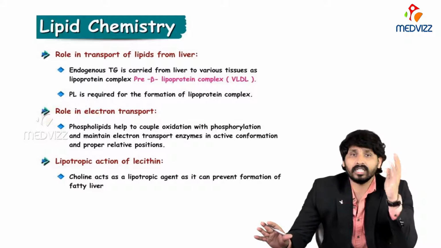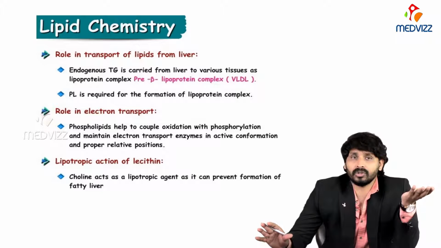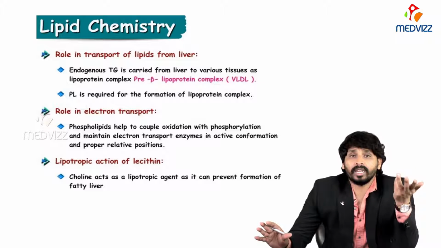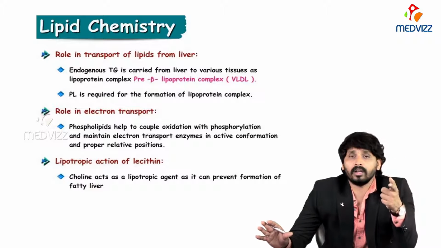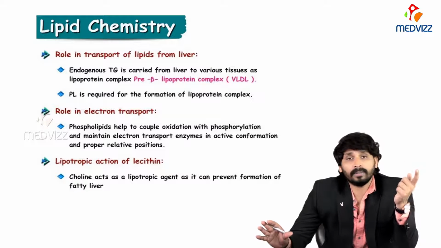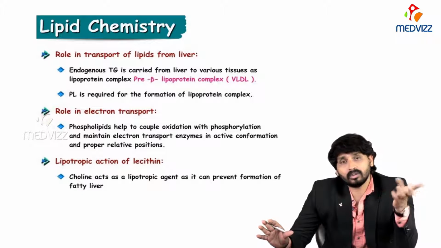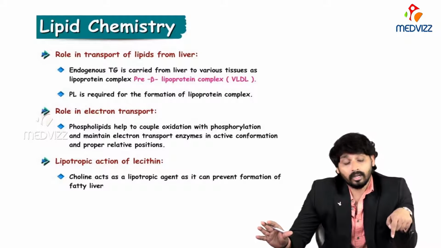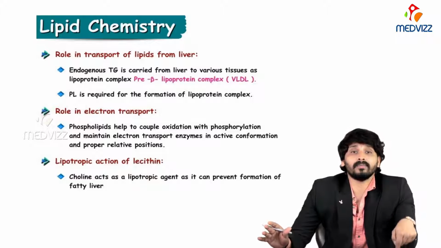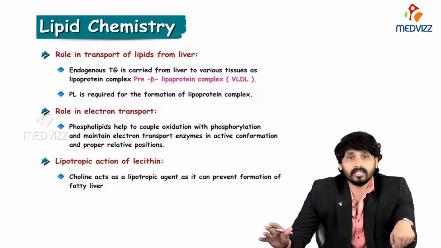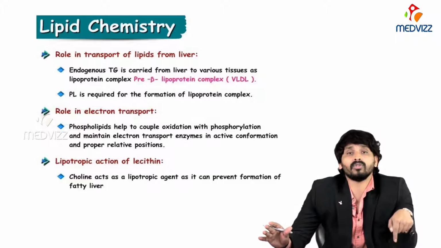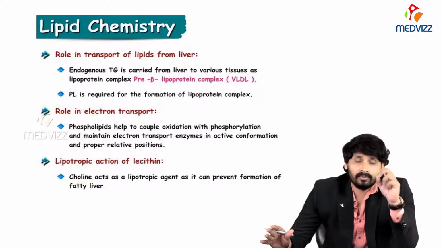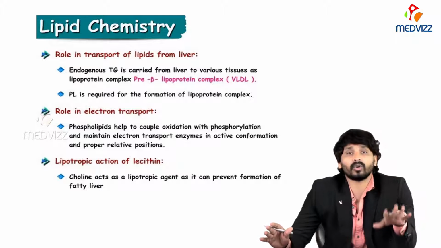Endogenous TG is carried from the liver to various tissues as a lipoprotein complex, that is pre-beta lipoprotein, VLDL. Exogenous triacylglycerol through food is transported from the intestine to the liver by chylomicron, and the triacylglycerols synthesized by the liver are known as endogenous triacylglycerols. That triacylglycerol is transported from the liver to other parts by VLDL. Phospholipid is required for formation of the lipoprotein complex.